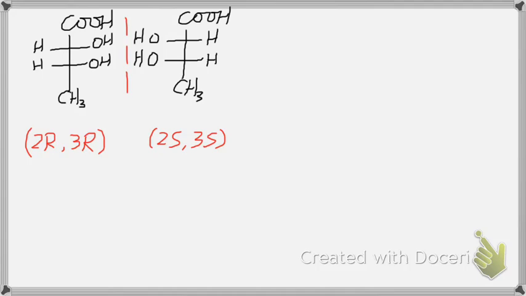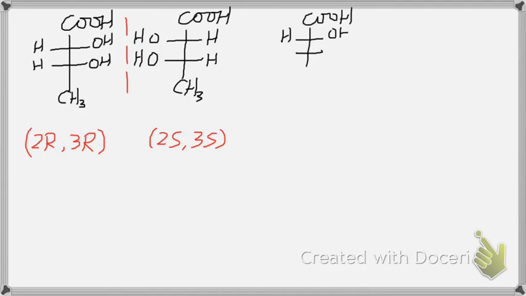So you need to get 2R, 3R from the left molecule, 2S, 3S for the right molecule. Always keep in mind, hydrogen is on the horizontal line. Horizontal means the bond is coming toward you. So you always have to invert it in Fischer projection. All right.